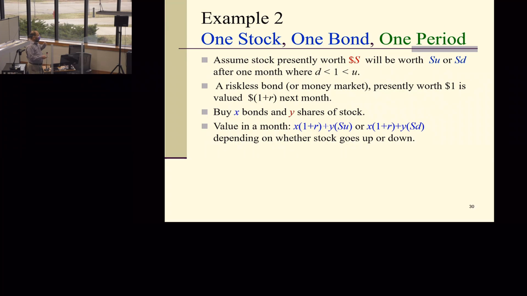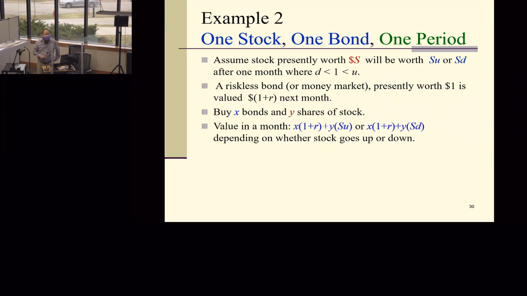Value for a month after you do. Again, we are using the scenario where we buy X share of bond and Y share of stock. Right here, X becomes how much I'm going to borrow, and Y is how many shares I'm going to purchase. After a month, the bond could be X times 1 plus R, which is what?